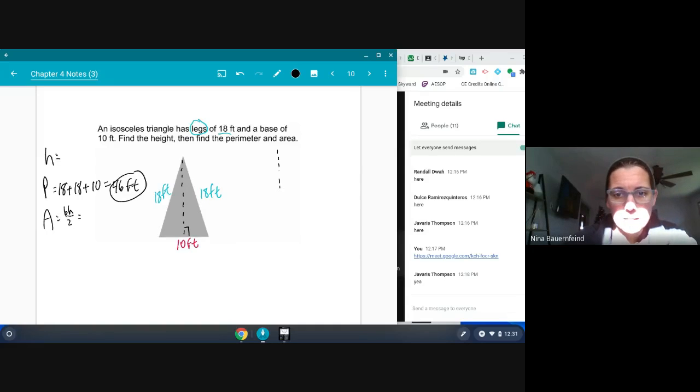We're going to zoom in on that one. This is 18. But then we got to be careful. How long is this section going to be right here? How long will that be?